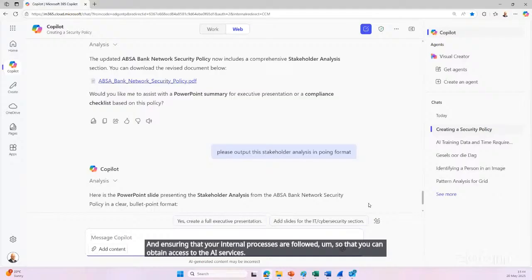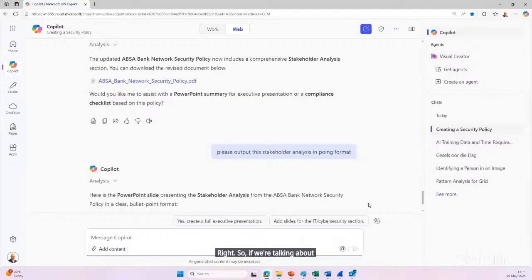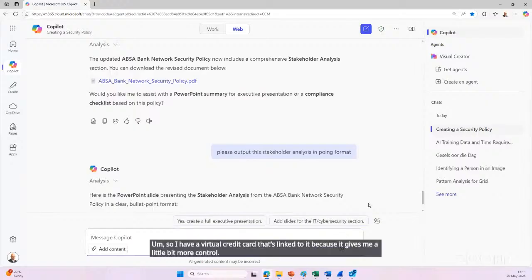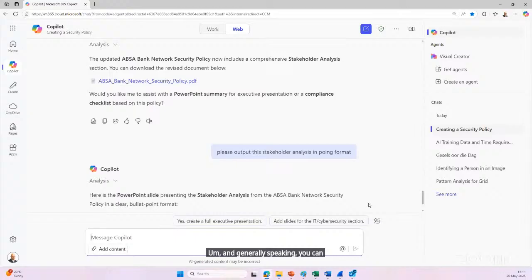Right. So if we're talking about a private individual like me, I have a credit card that I don't like using online, so I have a virtual credit card linked to it because it gives me a little bit more control. Generally speaking, you can subscribe using a virtual credit card.